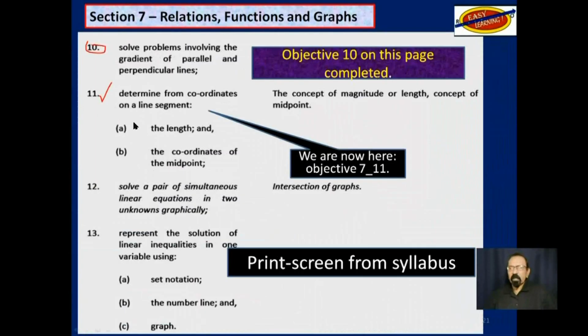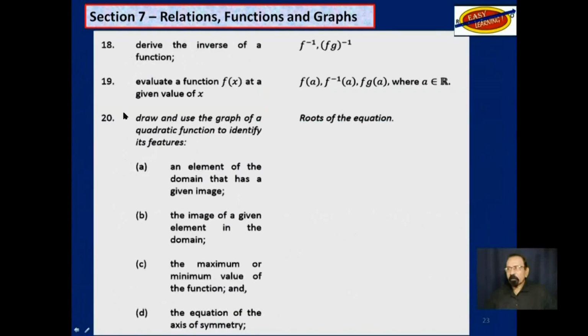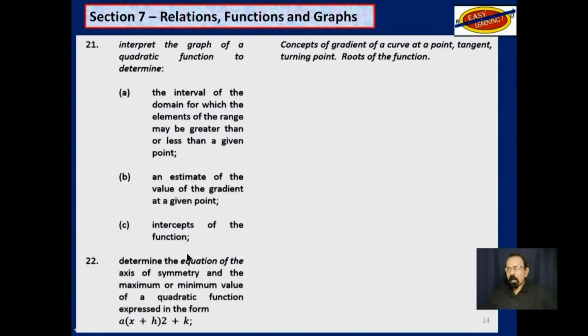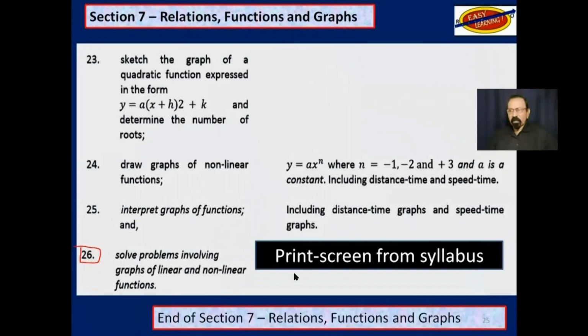We will return to that as soon as we finish taking an overview of where we need to go with this section. This is up to objective 17, up to objective 20, up to objective 22, and up to objective 26. That's as far as we are going in this section. Objective 26 will bring us to the end of section 7.